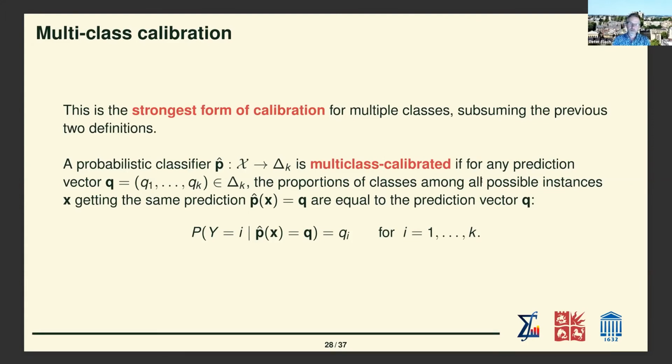And the confusing thing sometimes in the literature is that people just talk about calibration and they are not always clear which one of these they mean. So these terms are our way of distinguishing between them, and this is what we will use in the tutorial.